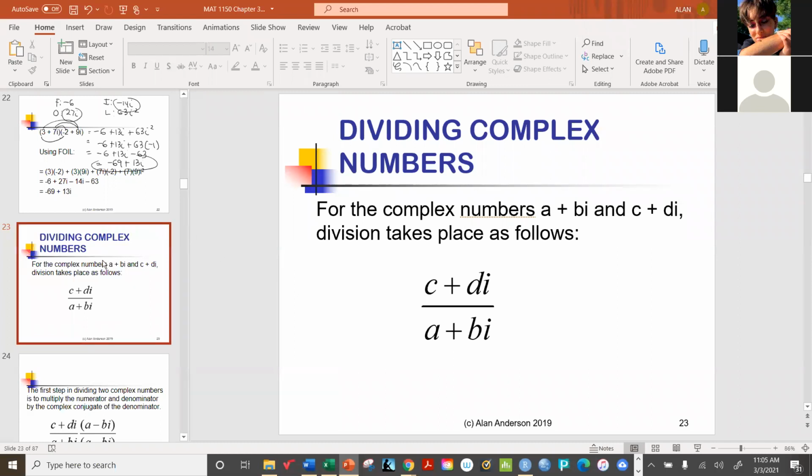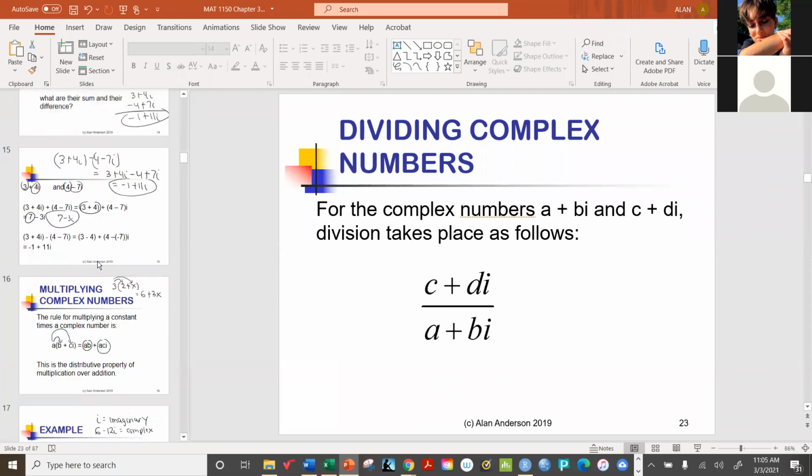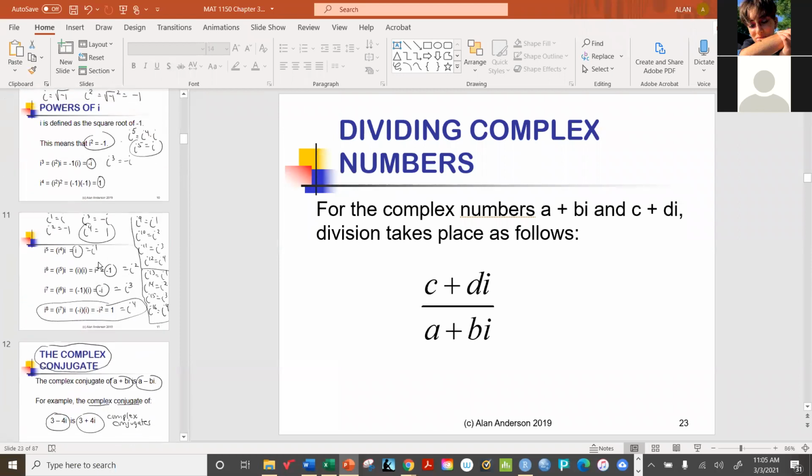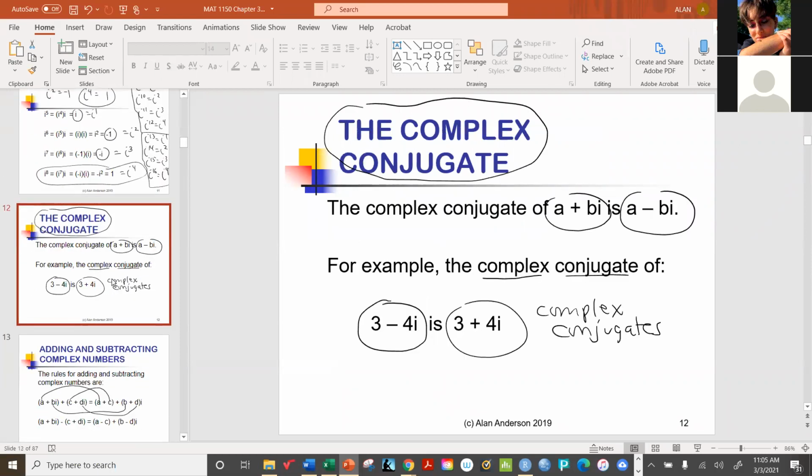Well, let's go back for a second and review a concept that we had earlier, the complex conjugate. Remember how that works. If we have a plus bi, its complex conjugate is a minus bi and vice versa. In other words, they are complex conjugates of each other. That's what that phrase means, complex conjugate.